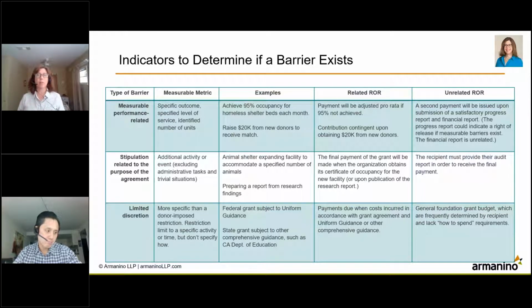Frequently, it's a cost reimbursement arrangement where you will not even receive the funds until you have expended costs under the grant budget and in accordance with the rules of the uniform guidance. So that is pretty clear. That means that most federal grants are going to end up being conditional. Again, there's probably going to be exceptions here and there, but generally speaking, if you've got a federal grant, it is likely to be conditional.